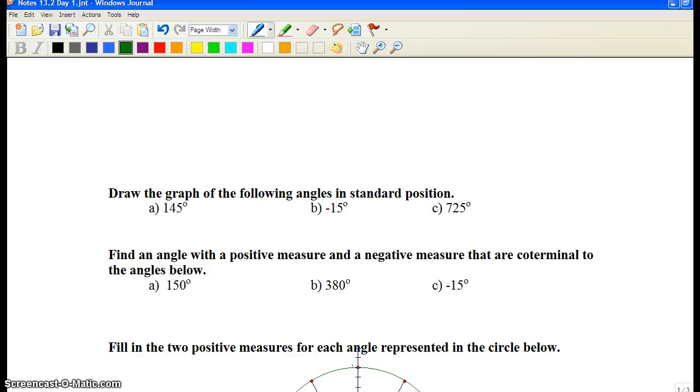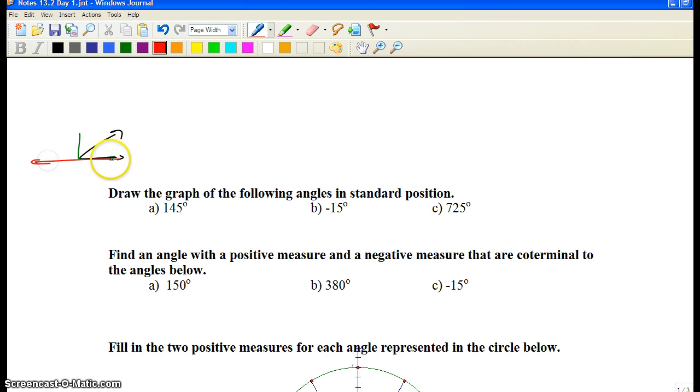Here are some general understanding pieces. Okay? Does that look like a 145 degree angle? So don't draw it like that. Does this look like a 145 degree angle? Don't draw it like that.